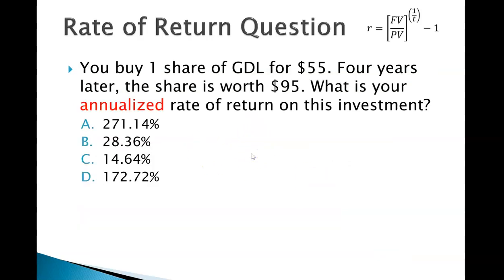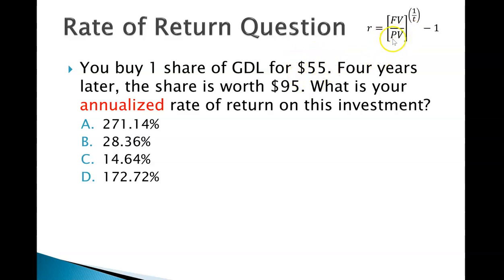Okay, I've got an example here. You buy one share for $55, and then 4 years later you sell it for $95. Right, so you invested $55, and after 4 years you ended up with $95. What's your annualized rate of return on this investment? Well, in this case, you ended up with 95. That's your future value. What you put in at the beginning was 55.